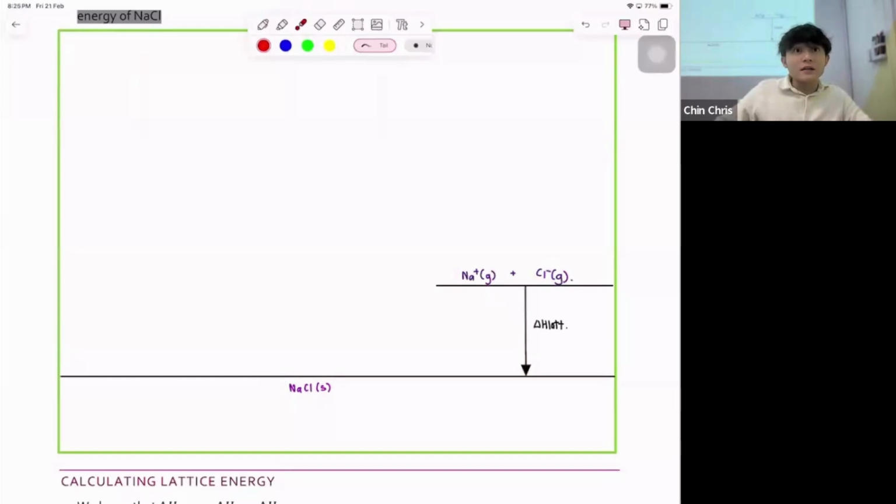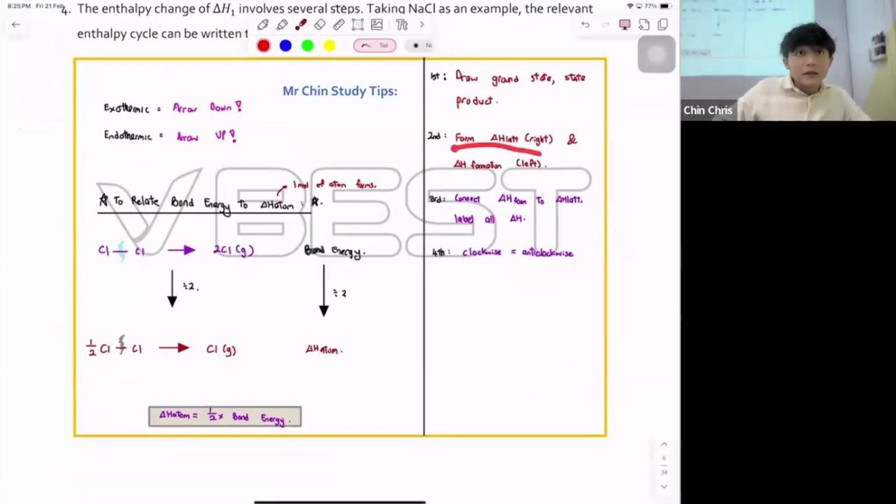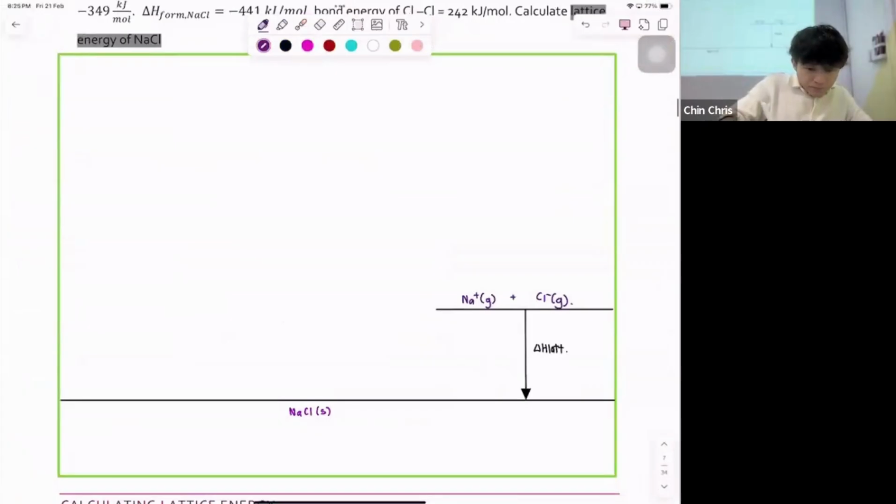Alright, guys, what about your left hand side? What do we put? Left hand side is your delta H formation. Again, your left hand side, that's your delta H formation. And guys, how to form? So, to draw your formation, for example, I need NaCl.